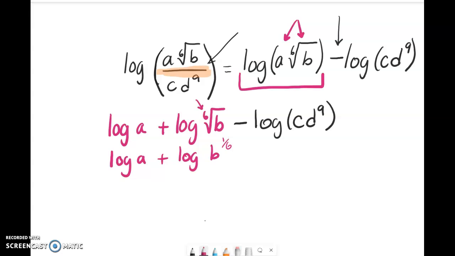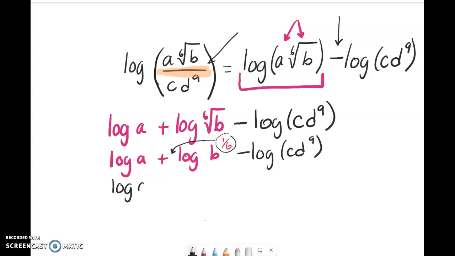Once I do that, I can take this exponent, the 1/6, and move it down in front. That was called the power property, which can be moved down in front and multiplied.